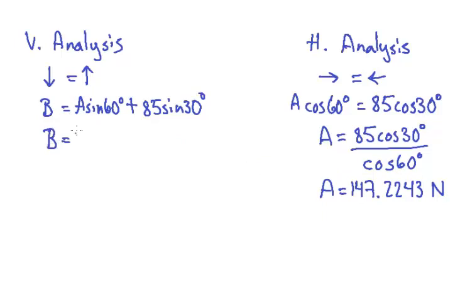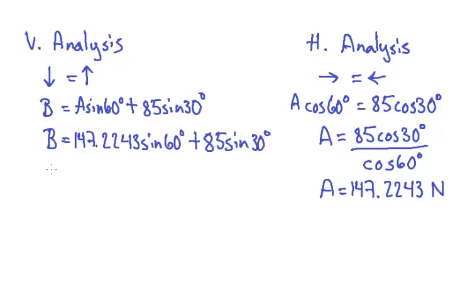So B equals, instead of A, I'm going to put what I just found, which is 147.2243 sine of 60 plus 85 sine of 30. If I add those things, I'm going to get the answer in my calculator. I need to round, obviously. I'm going to get 170.0000 newtons.